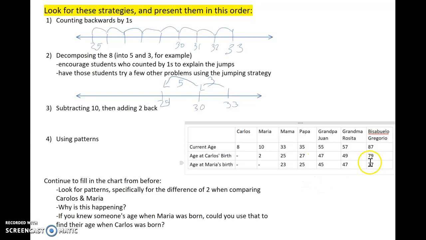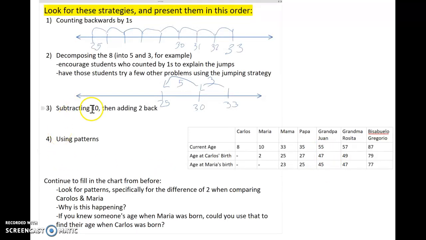Then, try and pose the question, if you knew someone's age when Maria was born, could you use that to figure out Carlos's age? The age when Carlos was born. So, you know Papa was 25 when Maria was born, but you didn't know this one. Could you figure it out from the 25? And this will start bringing, hopefully, the idea to their mind that they can use 10 as a landmark number and then adjust from there.